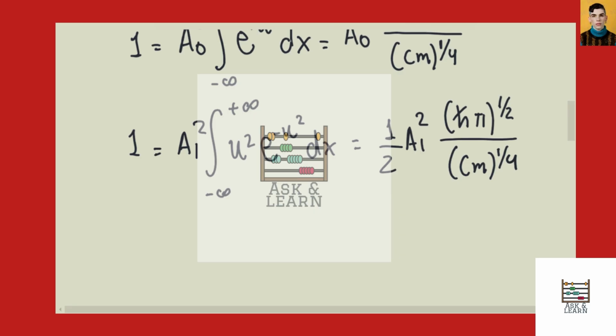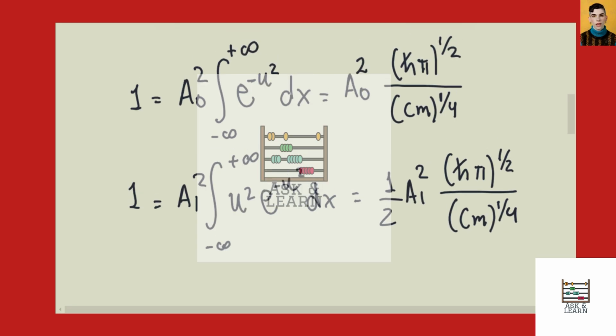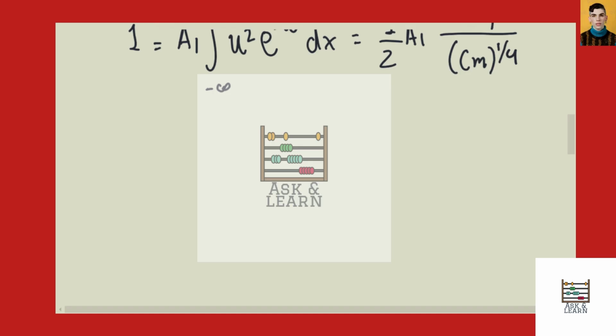Now, solving this last for the normalization constant, the expression for P then becomes 1 divided by 2 times the charge of an electron, times 2 times h bar elevated to 1 divided by 2, divided by the restoring force times the mass elevated to 1 divided by 4.